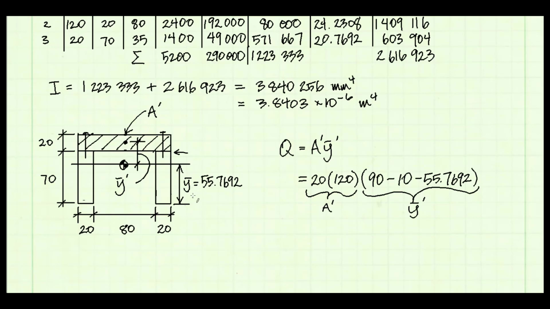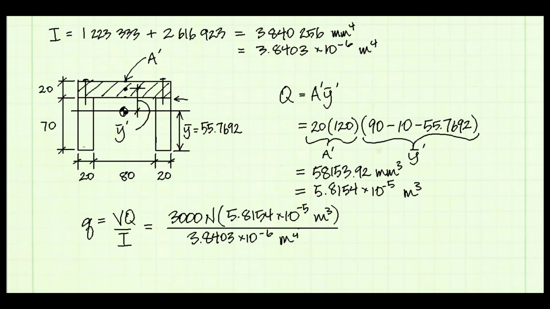And then I'm going to subtract off the y bar dimension that we found, 55.8, and that will leave me with the y bar prime dimension shown in the drawing. And if I divide my answer, which is in millimeters cubed, by 1,000 to the 3rd power, I can convert it into meters cubed. And now I can input the variables into the shear flow equation.